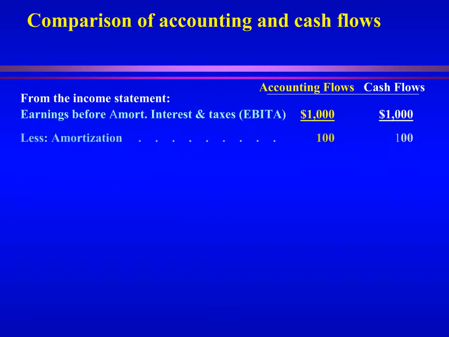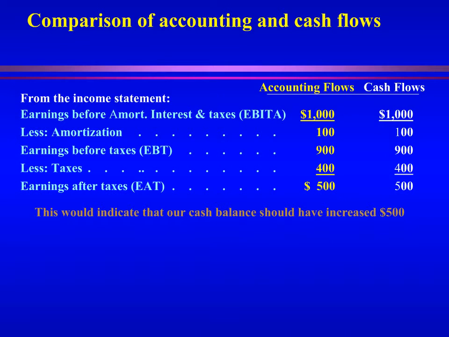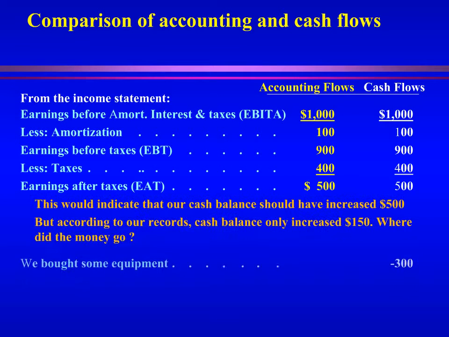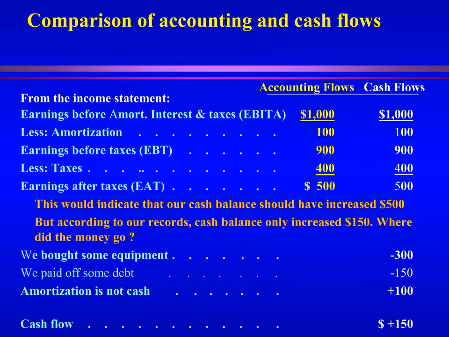Here's a quick example of cash flow versus accounting. For instance, we have earnings before interest and taxes, so we've got $1,000 coming in. Theoretically, we've got $1,000 coming in cash flow. Take out the amortization, $100. So your earnings before taxes is 900, minus the taxes of 400, gives you a profit of $500. Okay, so it should say we've got $500 in the bank, but our cash balance has only gone up $150.